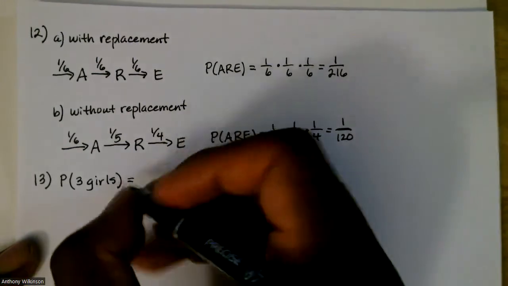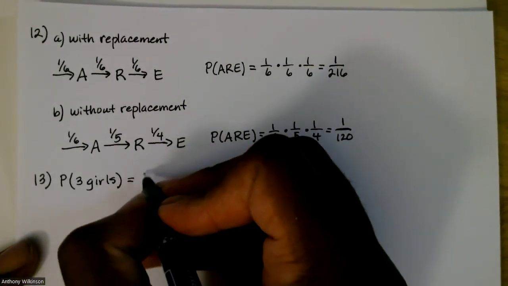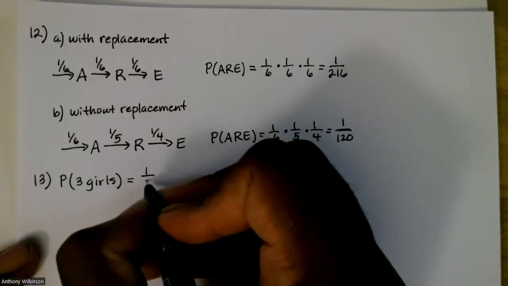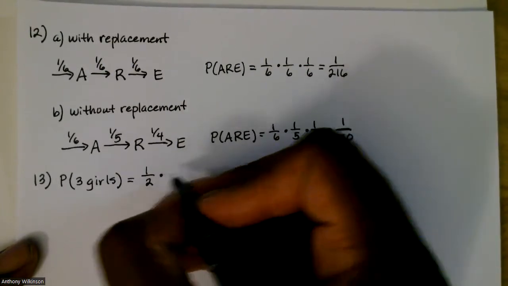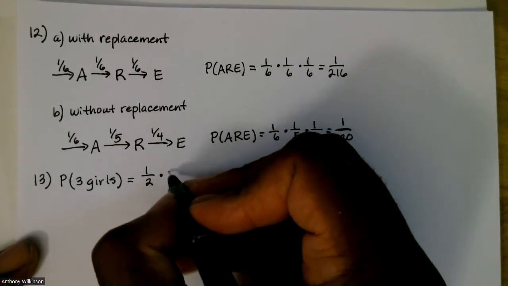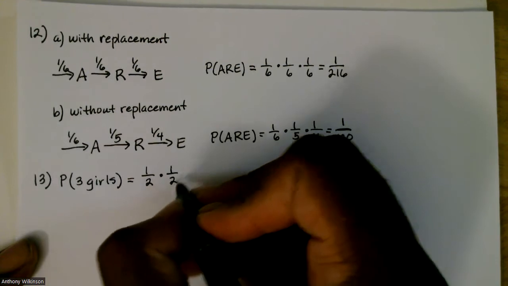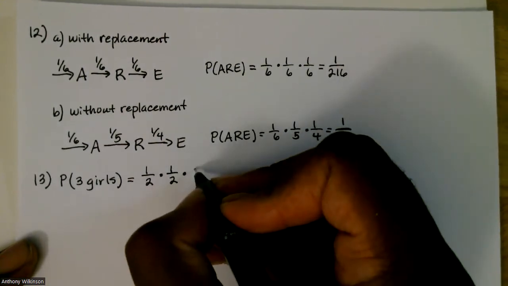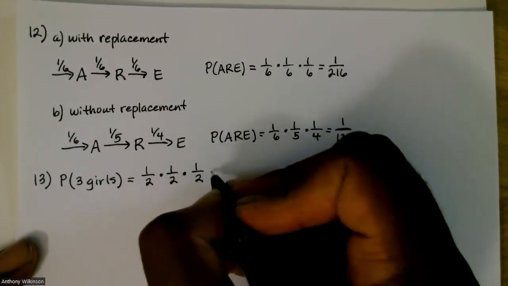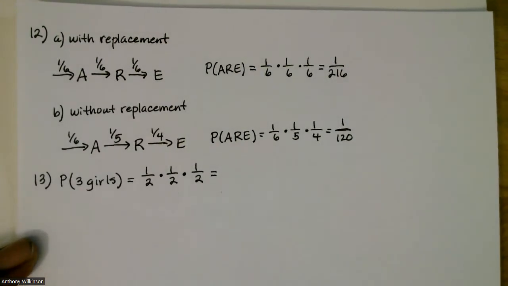The first child being a girl, that probability is 1/2. The second child, probability of being a girl is 1/2. And the third child, the probability of getting a girl is 1/2. And these are independent of each other.